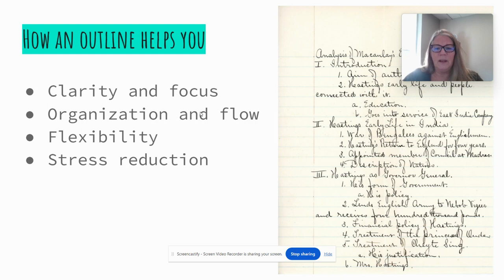And also, it can help to reduce stress. A lot of times, students get stressed because they have writer's block, and an outline is a good way to deal with that issue. You have something in an outline, you've had it checked over, then writing the paper should go a lot more smoothly than if you sit down and just try to write the paper from nothing, right?